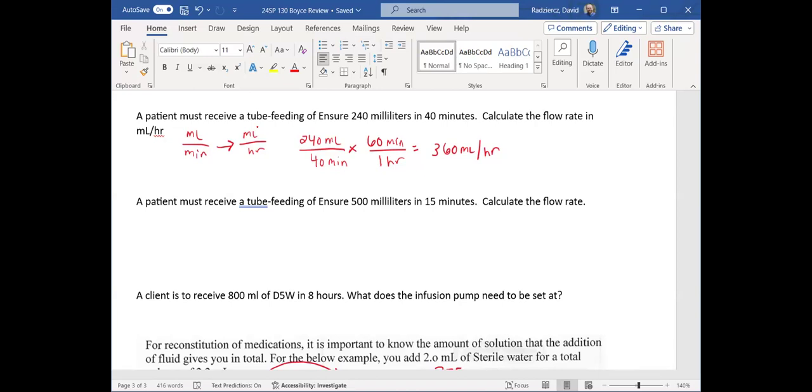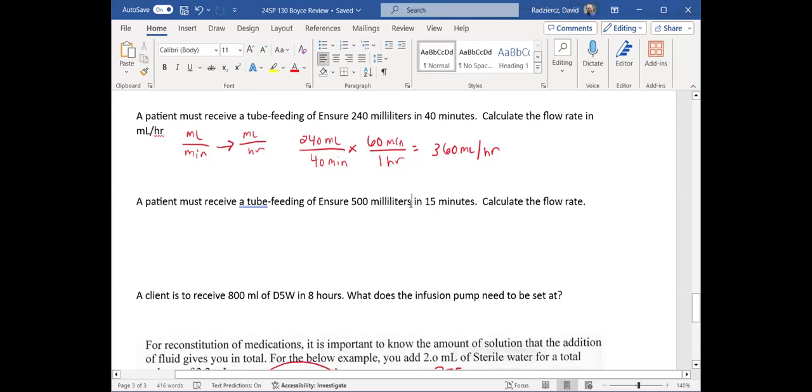I'm not sure how some of those other numbers were coming up, unless some of you were answering the second part of the question, the 500 mil in 15 minutes, and we'll get to that in a second. But for this question, you should have got an answer of 360 ml per hour.